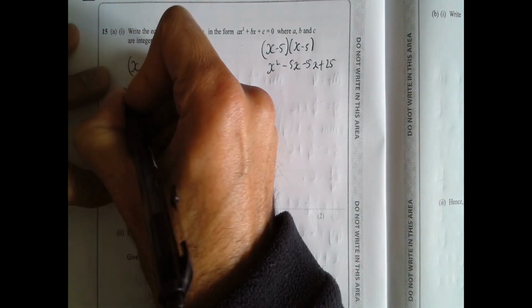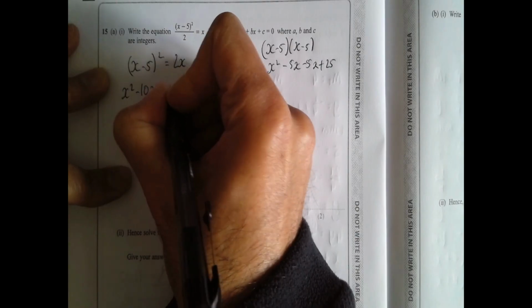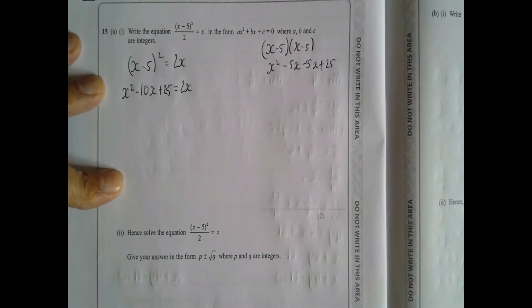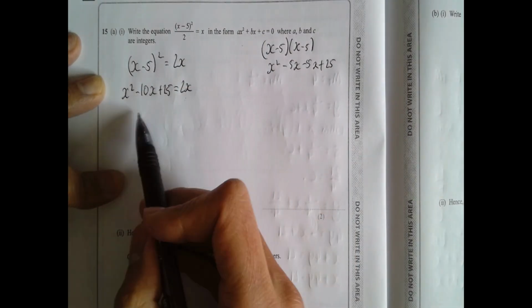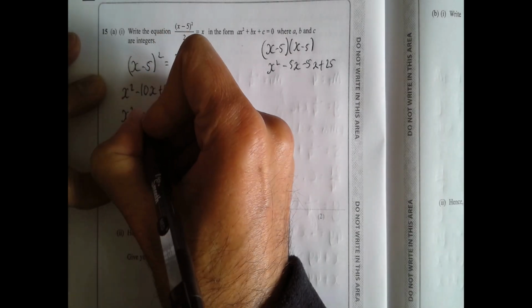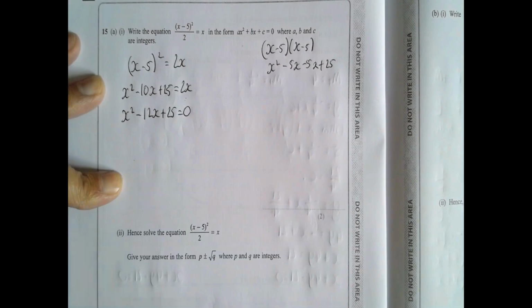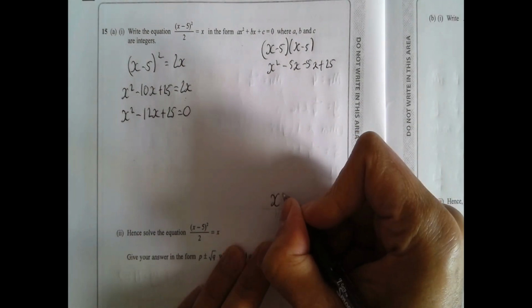So I'm going to write that over here. x squared take away 10x plus 25. And that's going to be equal to 2x. Okay, so finally now, because I want it to be equal to 0, I'm going to subtract 2x from both sides. And that's going to give me x squared take away 12x plus 25 is equal to 0. Okay, and that will be my answer for this first part.